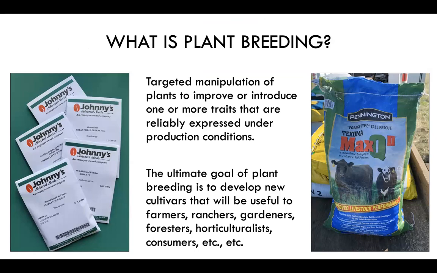And I think this reliable expression under production conditions is probably a really critical component of plant breeding. If it doesn't always show the traits we want it to have, it's going to be very difficult when we try to market the product. And again, that goal of a tangible product at the end is what really makes plant breeding a distinct discipline, different from some of the other more research-driven disciplines in plant biology.